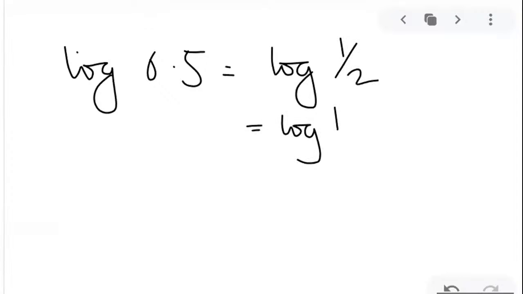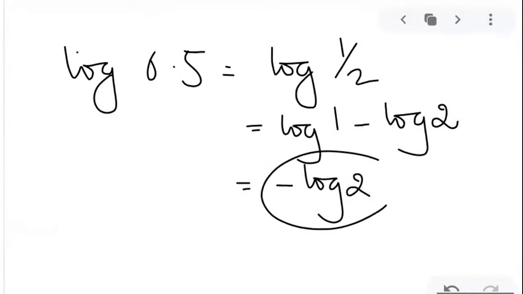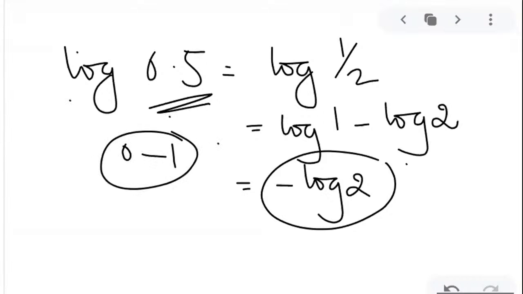That is log 1 minus log 2. This is minus log 2. So log 0.5, as we discussed in the scale, is negative. The logarithm of any number between 0 and 1 is negative. Log 1 is 0, and from then on, it's all positive. All right.